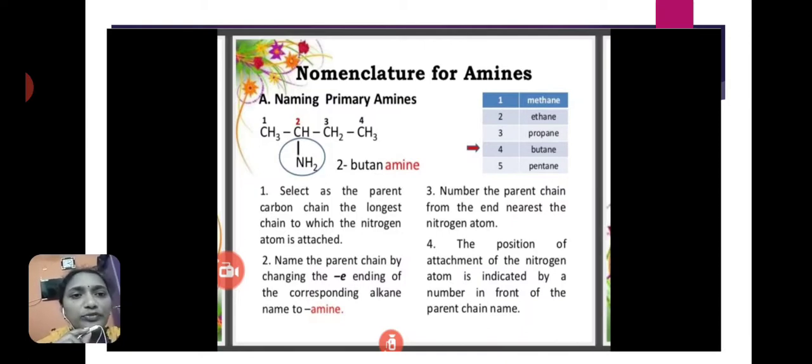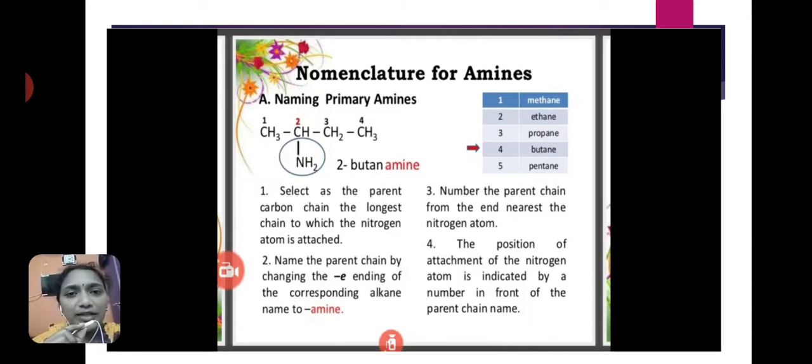Here, butane plus amine: instead of the e at the end of the alkane name, we remove the e and add amine.